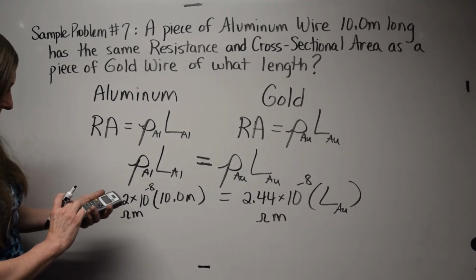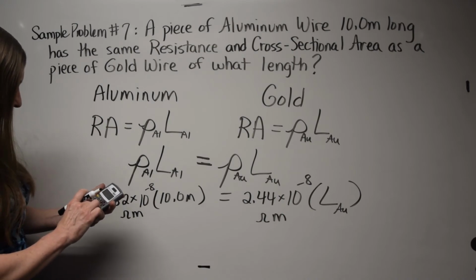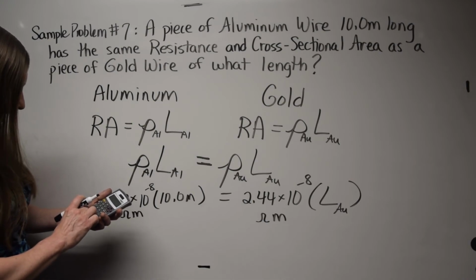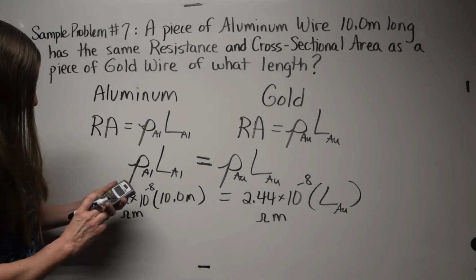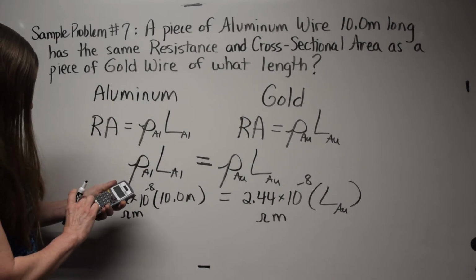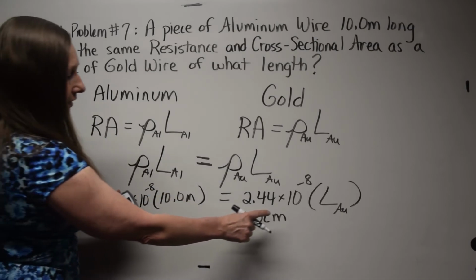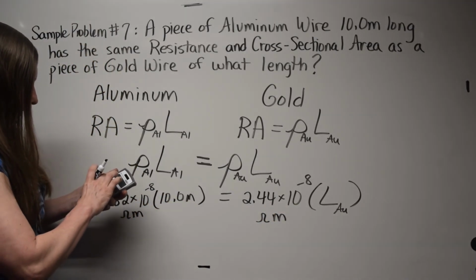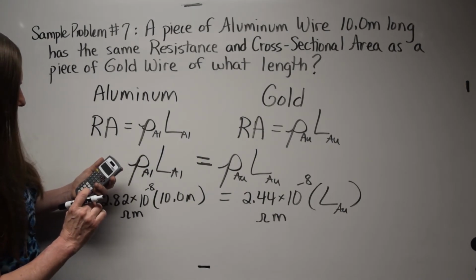So 2.82 E negative 8. Obviously this is going to come out to 2.82 times 10 to the negative 7, but we'll do it anyway, times 10, divided by 2.44 E negative 8.